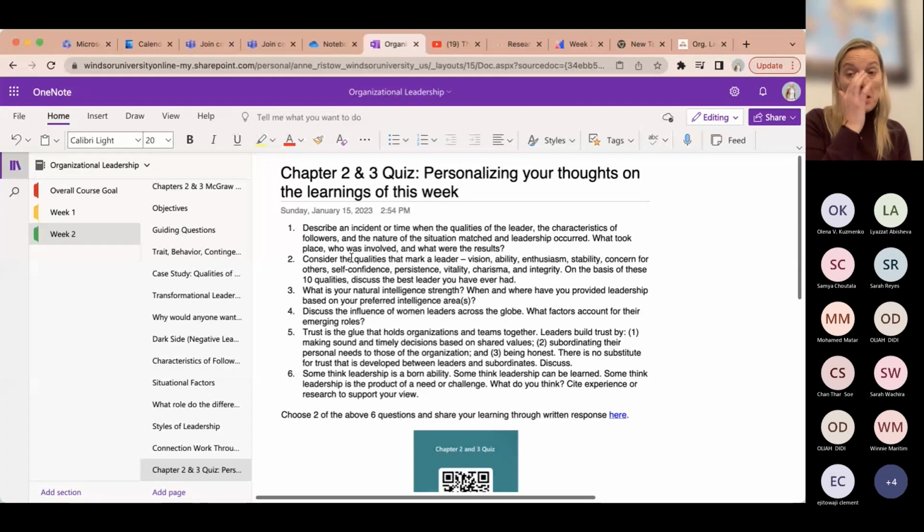So this week, this quiz is going to have point values added into the Moodle gradebook, which means I have to set up the Moodle gradebook. But what I want you to do is select 2 of the above 6 questions, and you're going to do a written response.